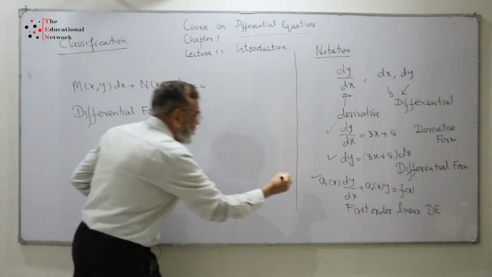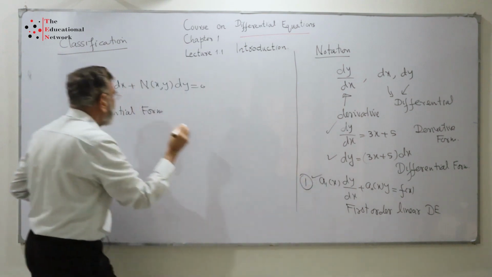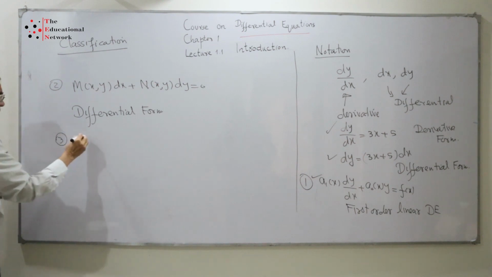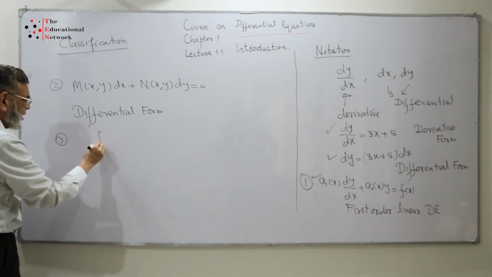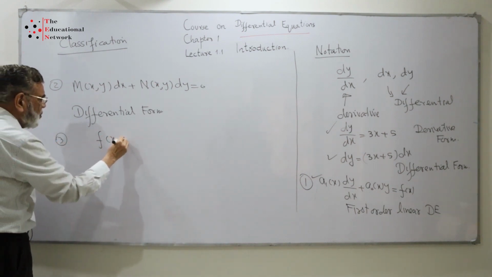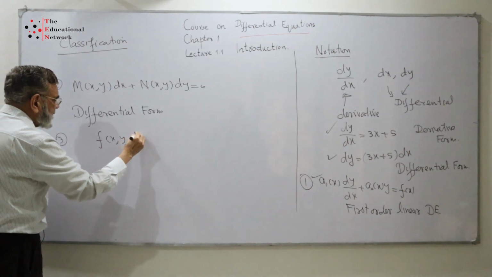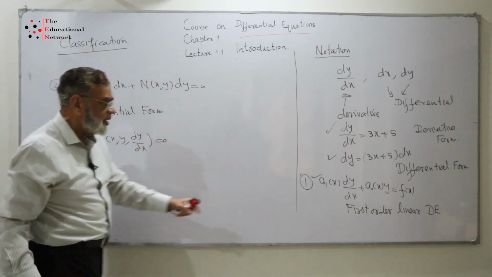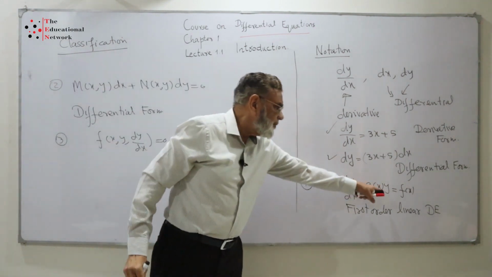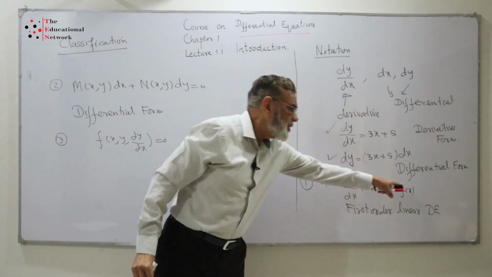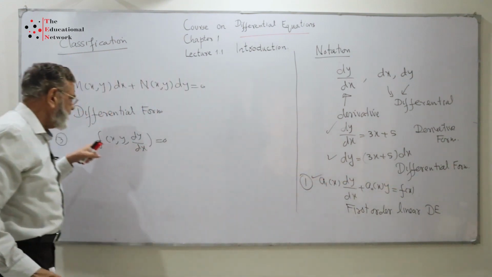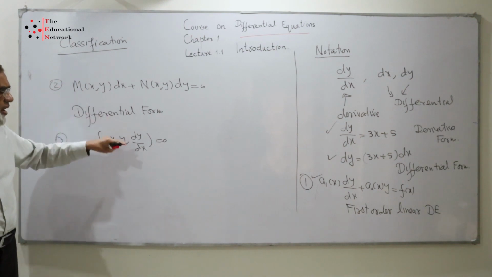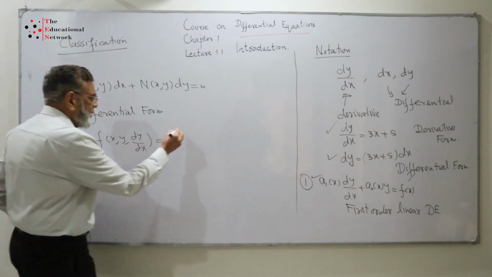This is my number 1, number 2, and number 3 is the function of x, y, and dy by dx equal to 0. You can see we have x, we have y, and we have dy by dx. So in general, any first order differential equation we can write in this general form.